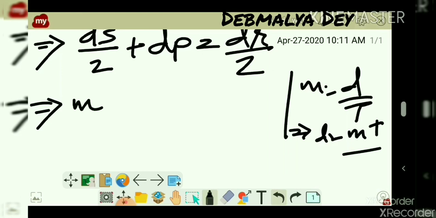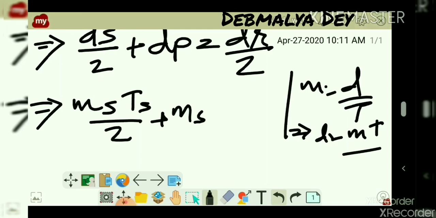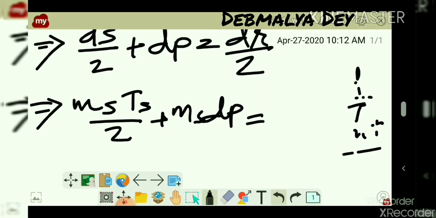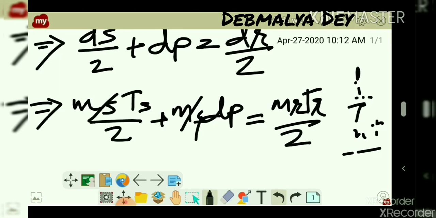So m S times TS by 2 plus m P times TP equals m R times TR by 2. Now the modules are equal: mS equals mP equals mR. All the modules get cancelled.